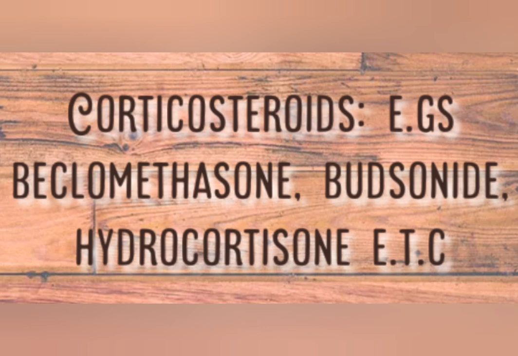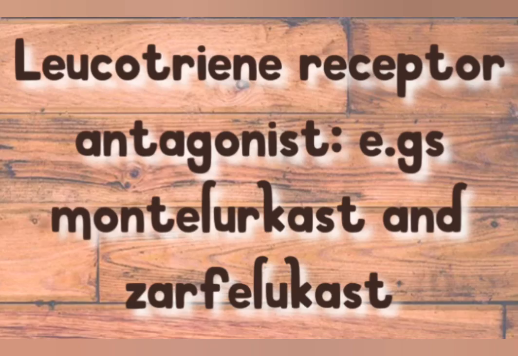Examples are beclomethasone, budesonide, hydrocortisone, etc. One prominent side effect, when used in higher doses, is that candidiasis can occur. We also have the leukotriene receptor antagonists, which are systemic.